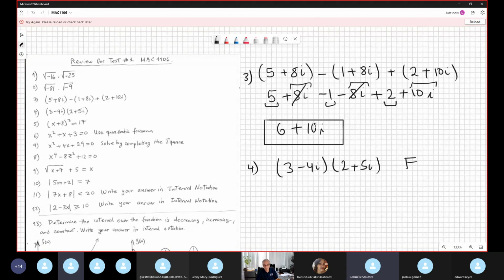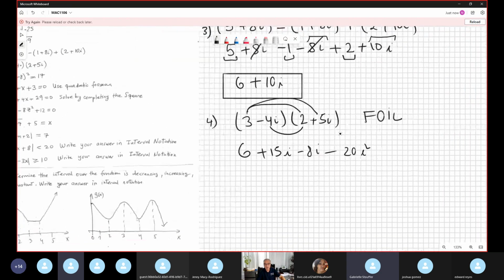Number 4, yes, it is multiplication now. And you FOIL. 3 times 2, 6. 3 times 5, 15. Minus 8i, minus 20i squared. Remember the shortcut I explained a moment ago. I never write it in my paper. It's up to you. You write i squared and change to positive. I like that way. Another student said, no, I don't like this, I like the traditional step by step. Okay, I respect that.